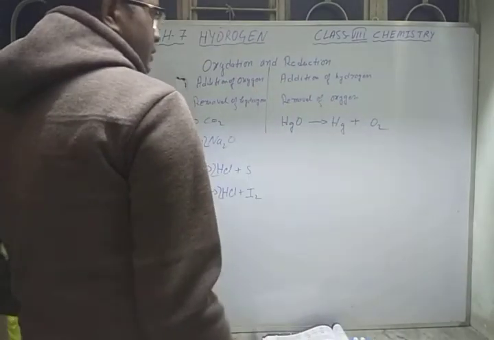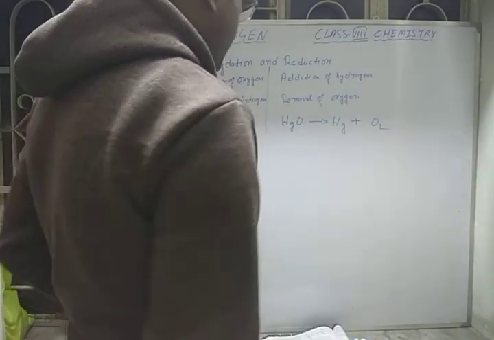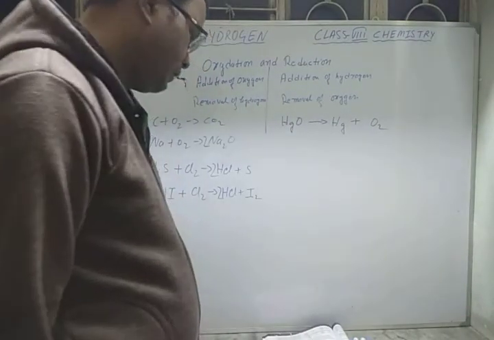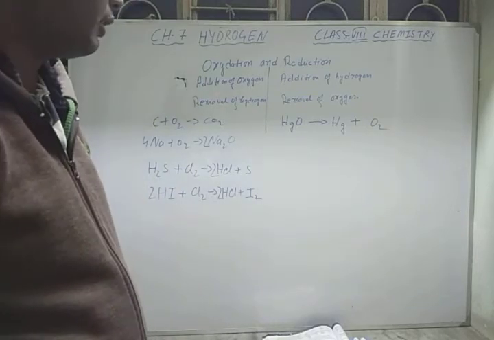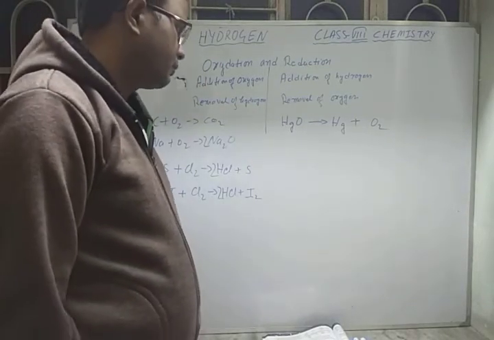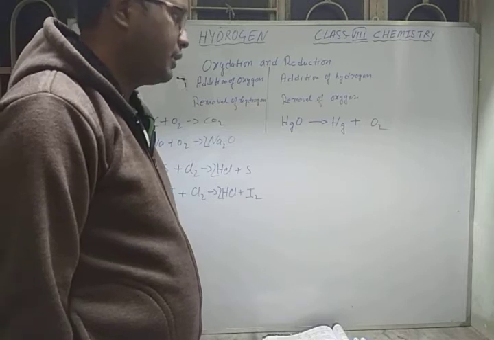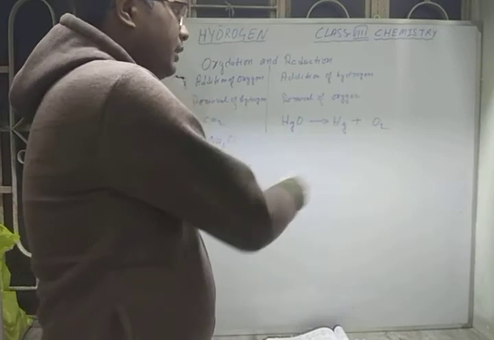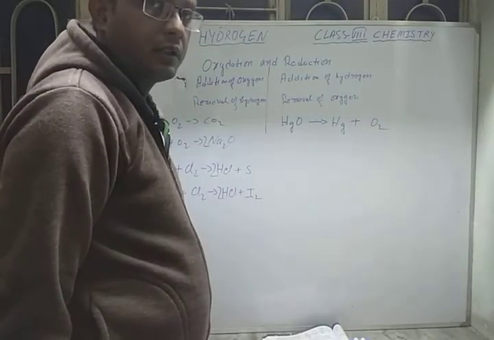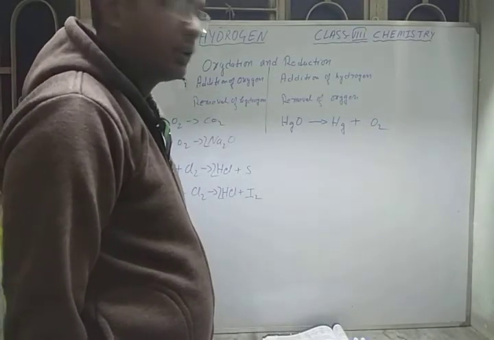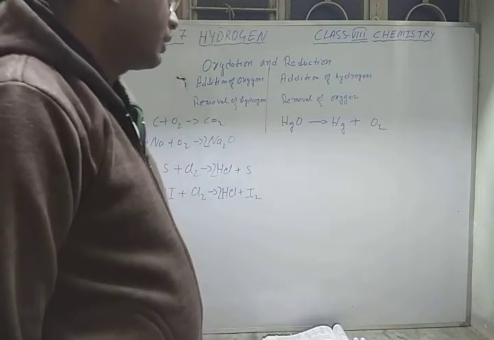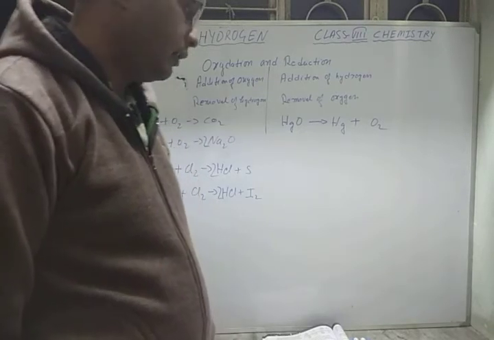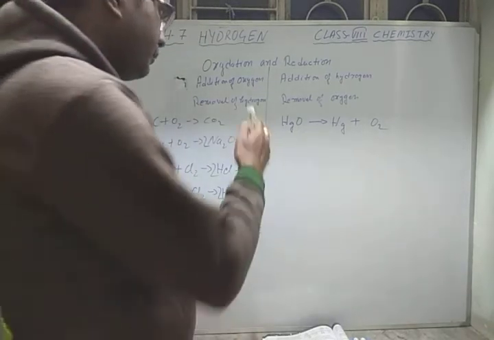When the reduction or decomposition of mercuric oxide takes place, mercury and oxygen are separated. Here oxygen is removed from the mercury, so the removal of oxygen takes place. So it is a reduction reaction. It is the example of removal of oxygen.